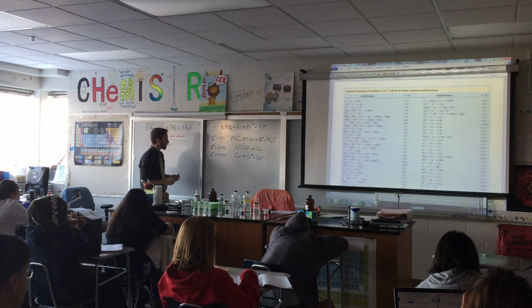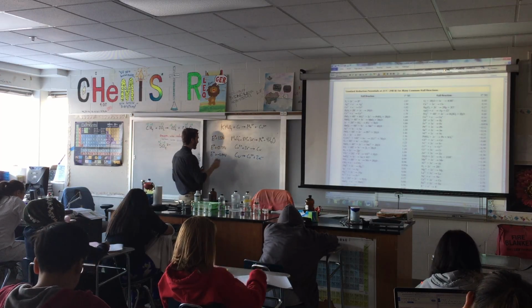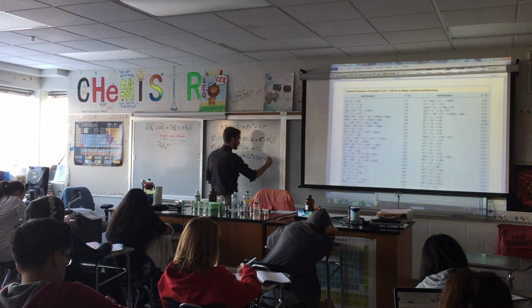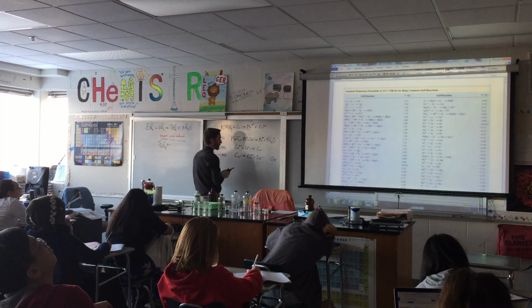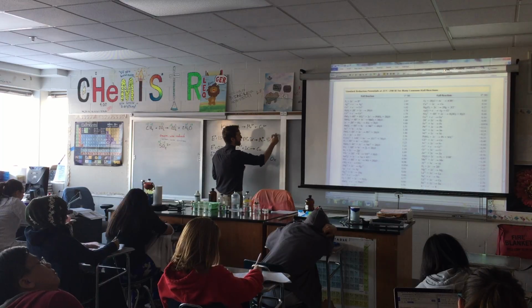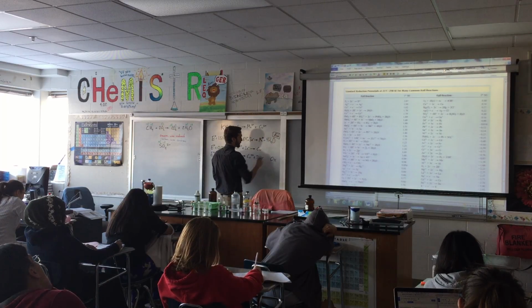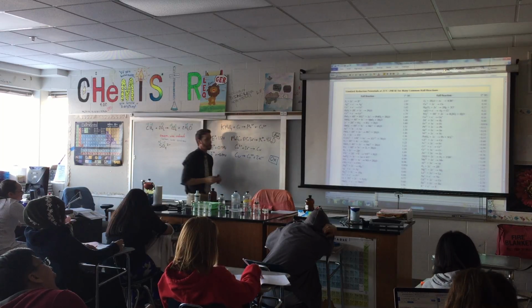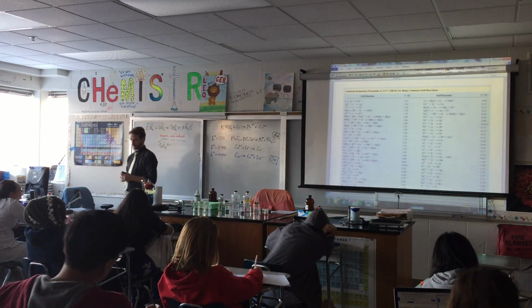Okay? So what we're really interested in combining is this reaction, which is an oxidation, with this top reaction, which is a reduction, so that the sum of them will be a redox. But what do I have to do first?